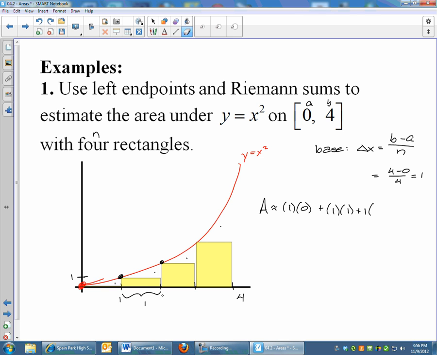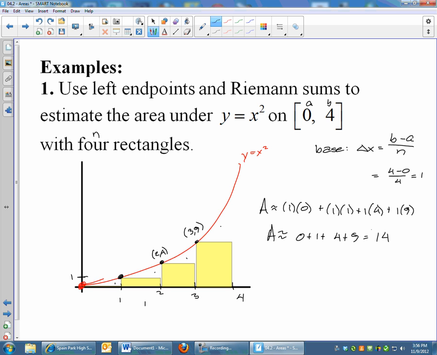Now this is an x-coordinate of 2. And if I plug 2 into my equation, that's the ordered pair (2, 4). So the height is 4. Plus, then my last rectangle, the left endpoint's at 3. And if I'm on the parabola x squared, that's the ordered pair (3, 9). So the base is 1, and my height is 9. And we get an area approximation of 0 plus 1 plus 4 plus 9, which is 14. A pretty gross underestimate, but that is what the estimate is.